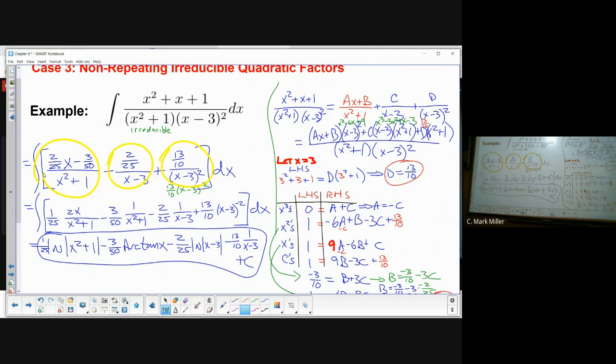All 3 independently. This integrates to a natural log, right? Actually, no, check that. This breaks up into 2 integrals. One integrates to a natural log, one integrates to an arctan.